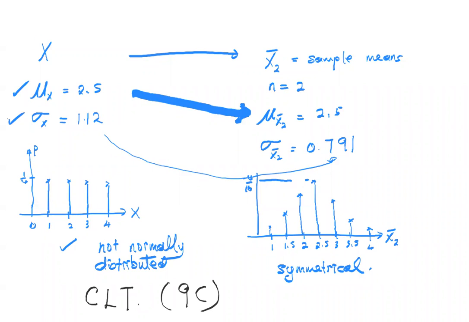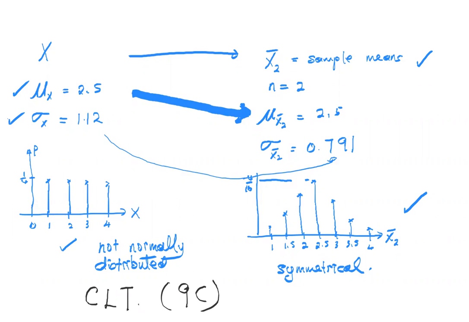For sufficiently large n, where n is the sample size, the distribution of sample mean of size n is approximately normal with the mean.